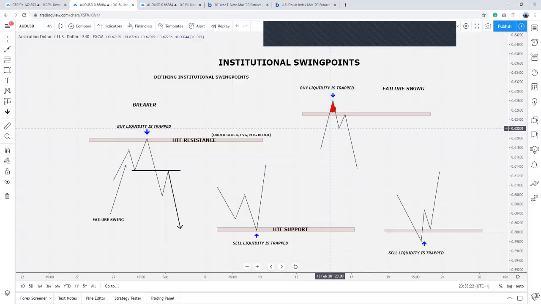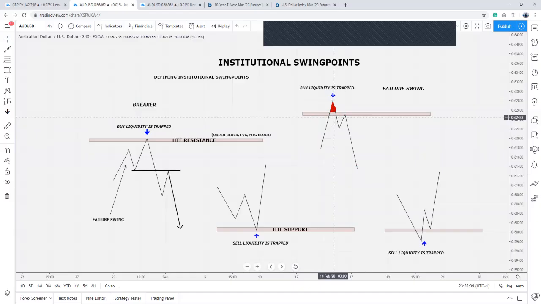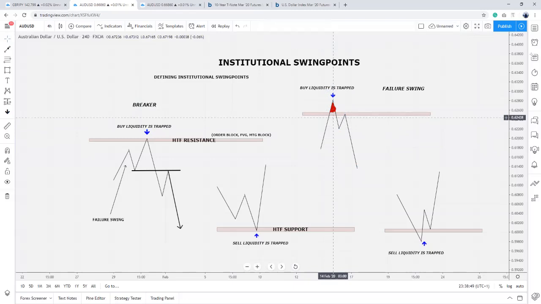And the reason why a failure swing occurs in the marketplace is, as you all know, I mentioned the fund traders are trend-following, and the system they like to trade is the 20-day IPDA breakout system, whereby if price breaks out past an old high or an old low, there are going to be pending buy stop orders by institutions around that level, and you're looking to ride the prior move of the marketplace.